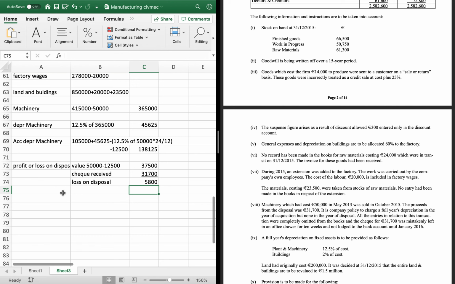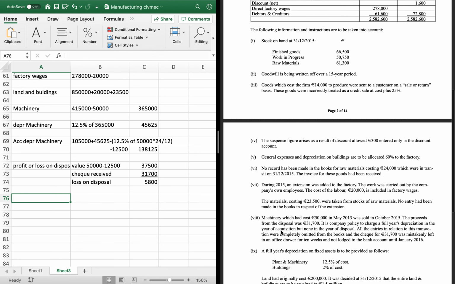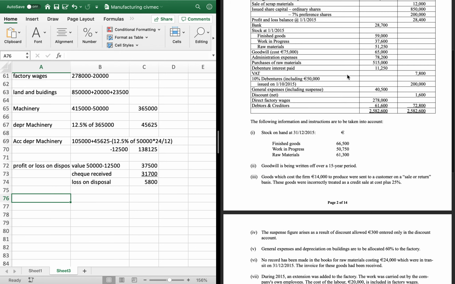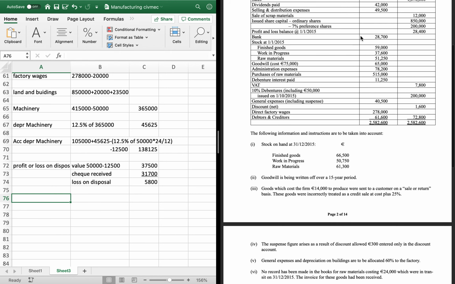So that's that done. Now all we have to do is check for the net amount. The check for 31,700 was mistakenly left in an office drawer for 10 weeks and not lodged in the bank account until January. Again, the accruals concept: it should be included in our accounts, even though it hasn't been lodged. So in our bank account, we have 28,700.